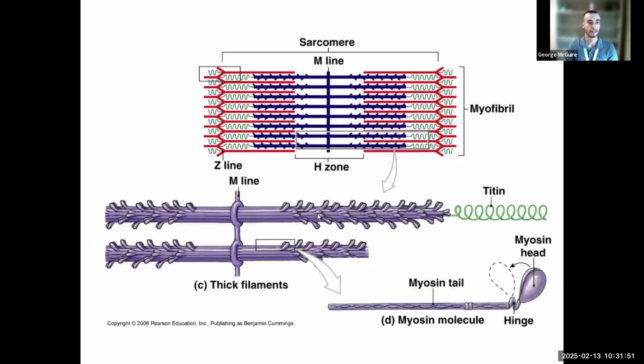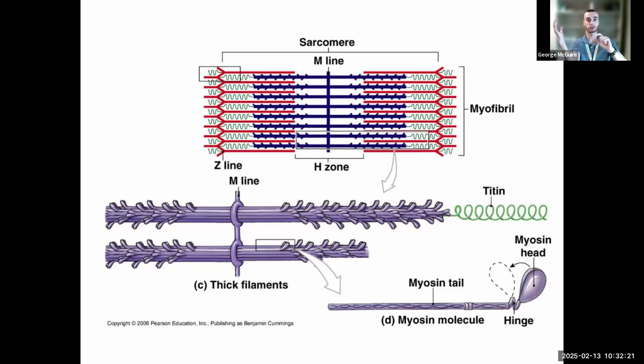Great. And now taking a look at the thick filaments, which, as the name suggests, are thicker. The thick filaments are mainly made up of myosin protein with these myosin heads, which are what are going to be generating force here for our muscles. These are what create all the tension in our contraction. So these myosin heads are on like this hinge, and they start in a cocked position.